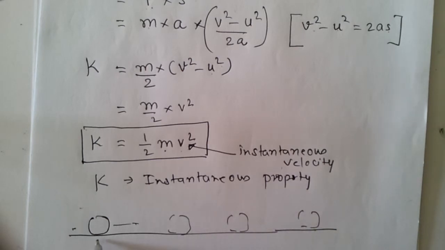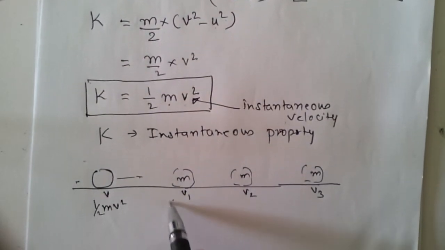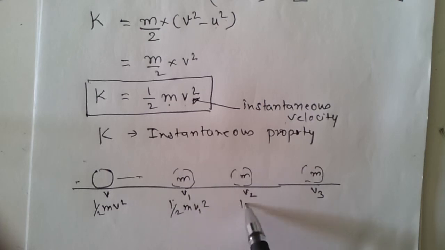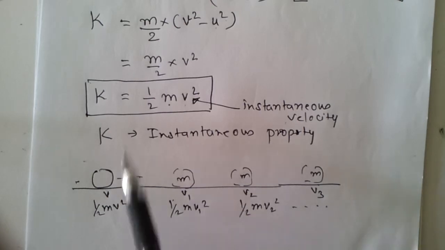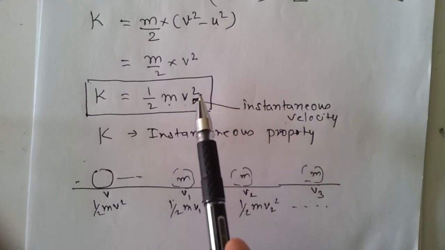Here the velocity will be v, here it will be v1, here v2, here v3. So the kinetic energy will keep on changing. The mass remains the same, m. So kinetic energy here will be half mv square, here half mv1 square, here half mv2 square, and so on and so forth. So the kinetic energy of the object will keep on changing as its velocity keeps on changing, and hence this v is to be understood as the instantaneous velocity of the body.